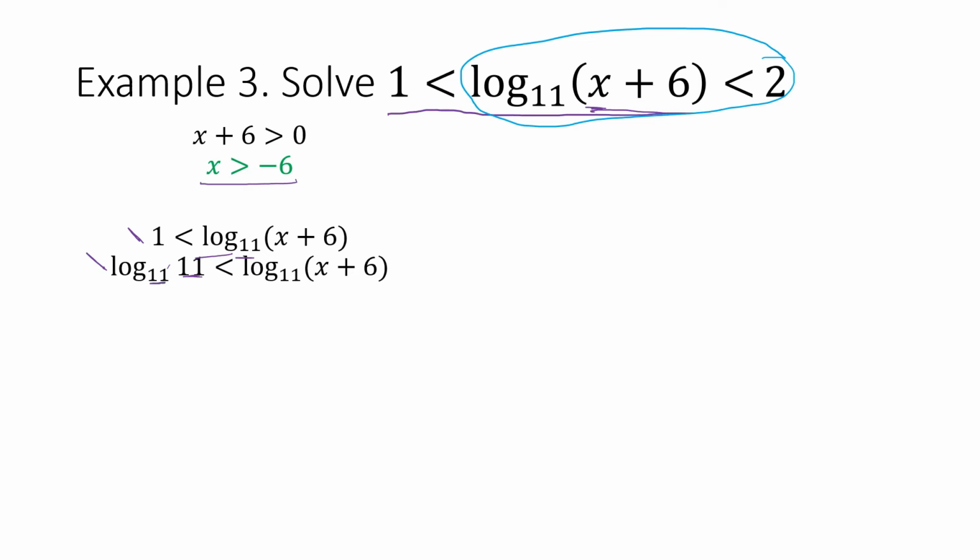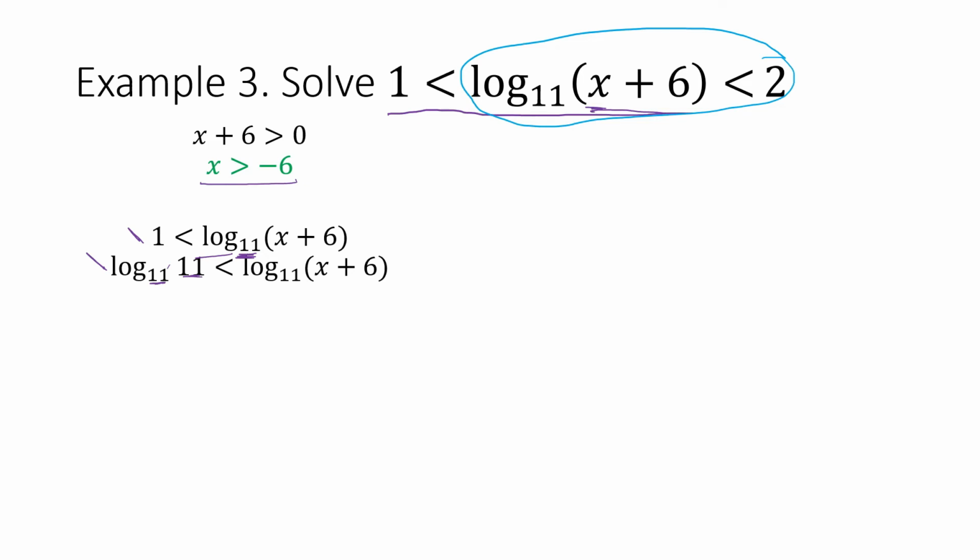Why 11? Because we want to express 1 in terms of a logarithm with the same base. If this happens to be 12, then this will be 12 and this is also 12. But since it's 11, logarithm of 11 to the base 11 equals 1.